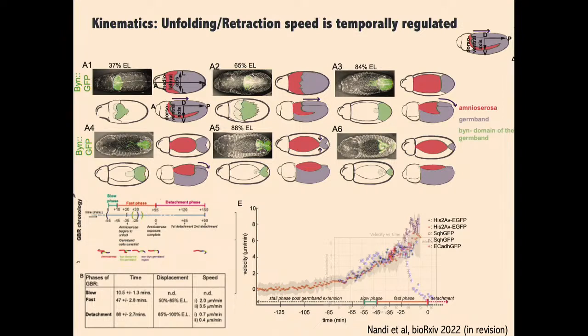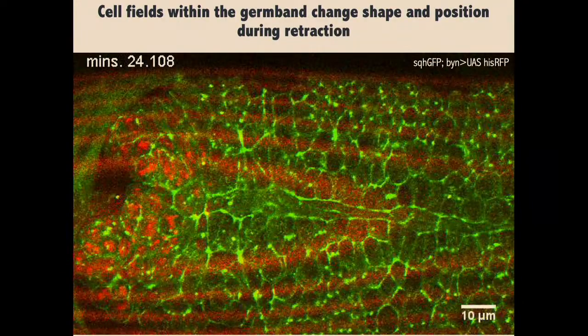So there are two graphs here. One is superimposed on the other because I didn't have the time to put them all on the same graph. But what this tells you basically is that the retraction or unfolding speed is temporally regulated. So the tissue has a mechanism by which it can regulate the speed of its movement. And again, I think that's a fundamental question about what mechanisms a tissue uses to regulate how fast it moves, and I'll come to some indications we have about that.